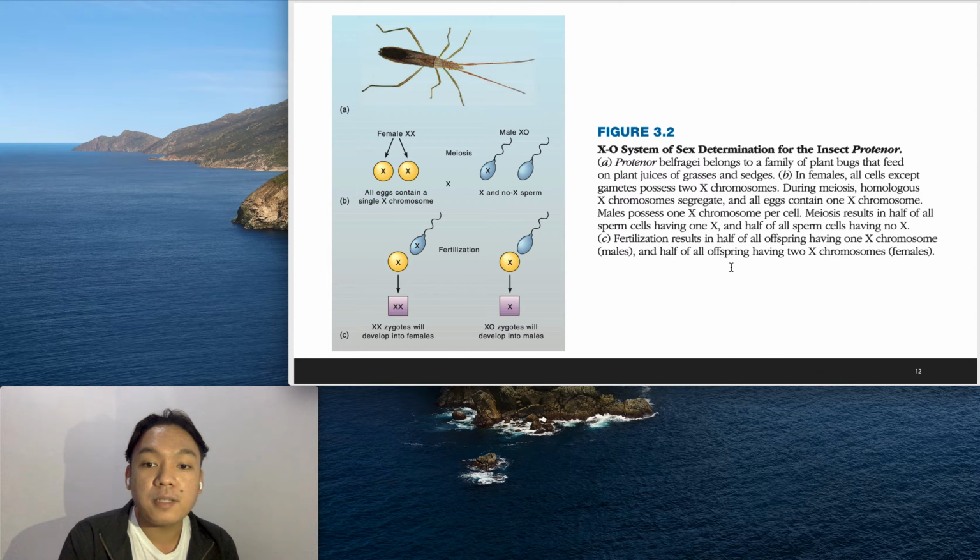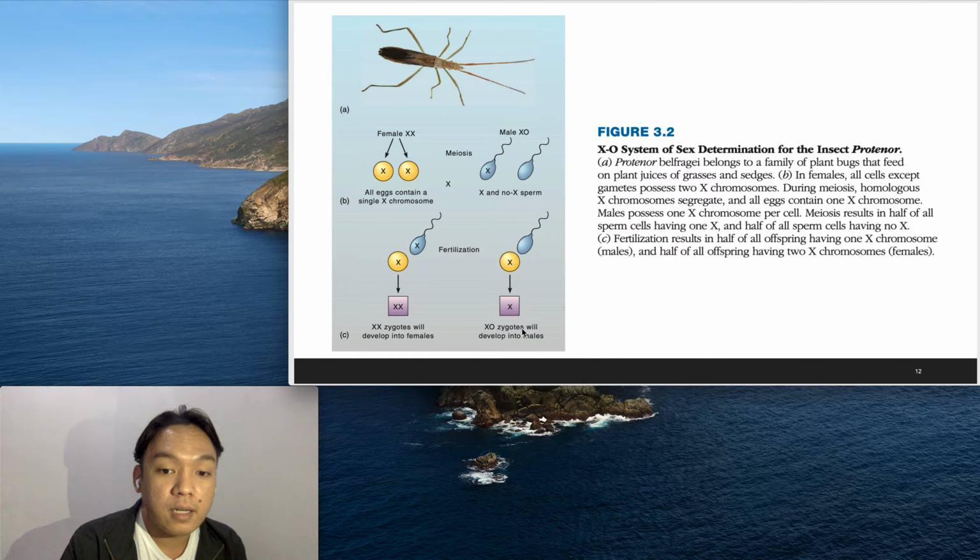This is your XO system of sex determination for the insect Protenor. This is just an illustration for the males and the females, and then they come to fertilize. When the zygote has not received another X chromosome, it is considered male, and the other one is female when there are two X chromosomes received by the zygote.